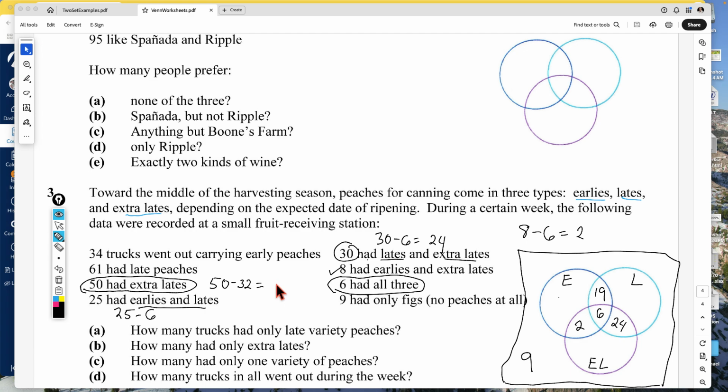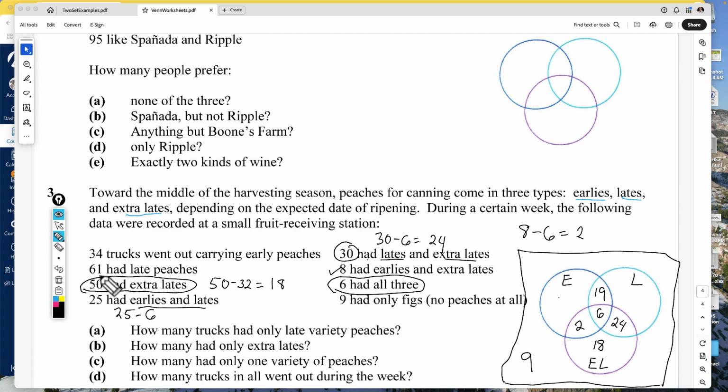And that gives us 18, which we put down here. And so in the extra lates, if we added these together, we should get the 50.